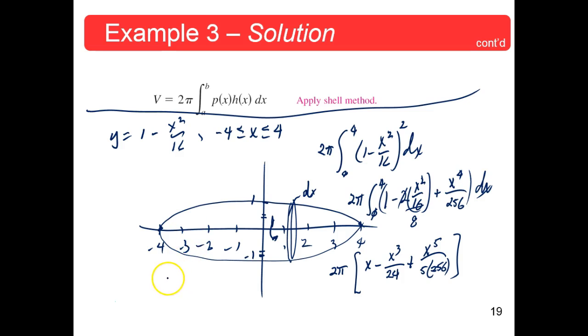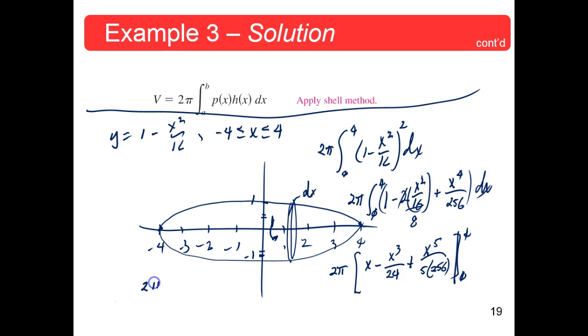So, what do we do from here? And that's evaluated from 0 to 4, because we already doubled it to take care of the other half. So, these are going to be some pretty ugly numbers.